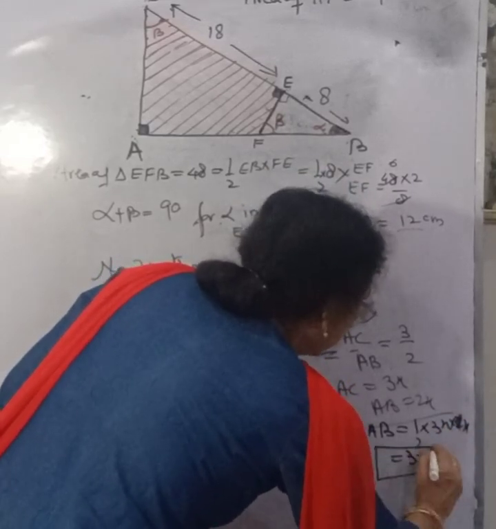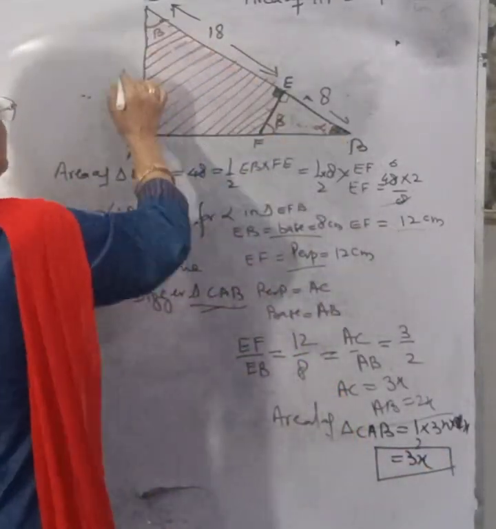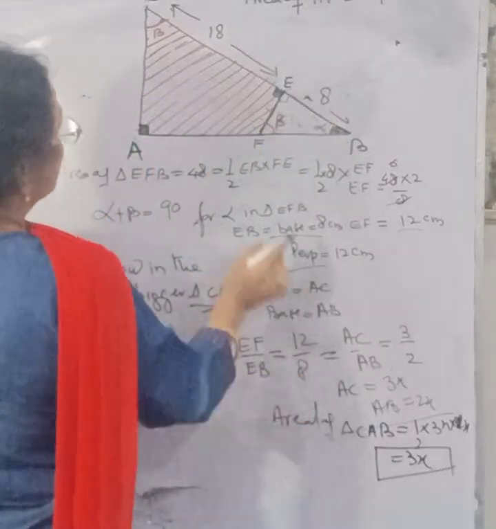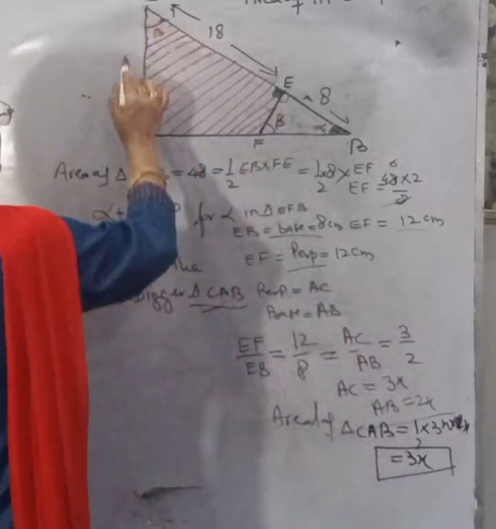This will be the area of the bigger triangle. First of all, we have to find the value of x. Then we find the value of this 3x square, which is the area of the bigger triangle.